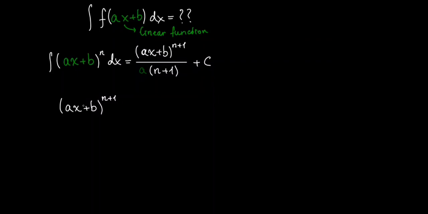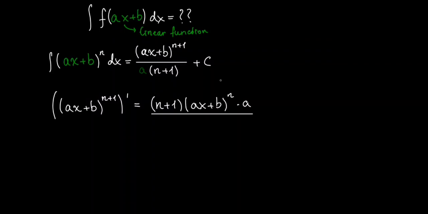So here, ax plus b to the power of n plus 1, when I do its derivative, according to the power rule, I would get n plus 1 times ax plus b to the power of n plus 1 minus 1, so just n. But this is not over, because we know a chain rule exists. That means we also have to multiply by the derivative of the inside. In this case, the derivative of ax plus b, which is simply a.